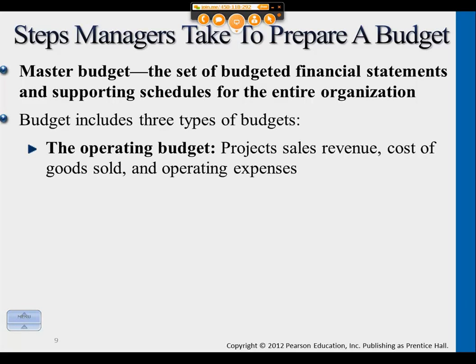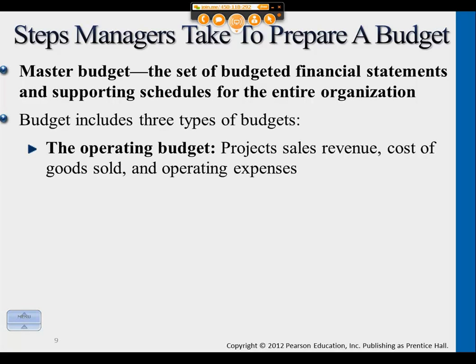So master budget is, as it sounds, something much bigger than your regular budget. And in fact, it is. It includes so many different financial statements and supporting schedules for the entire organization. Okay, your master is like the major one.